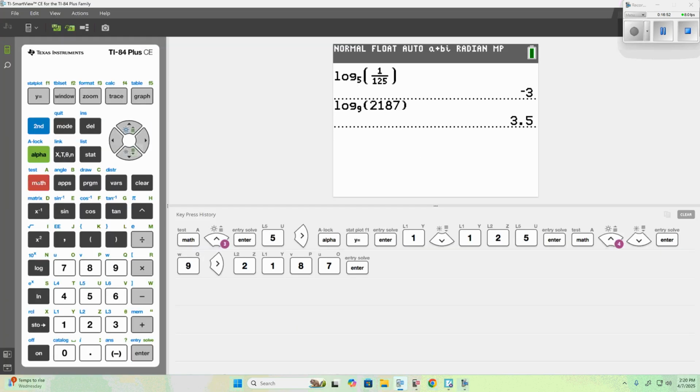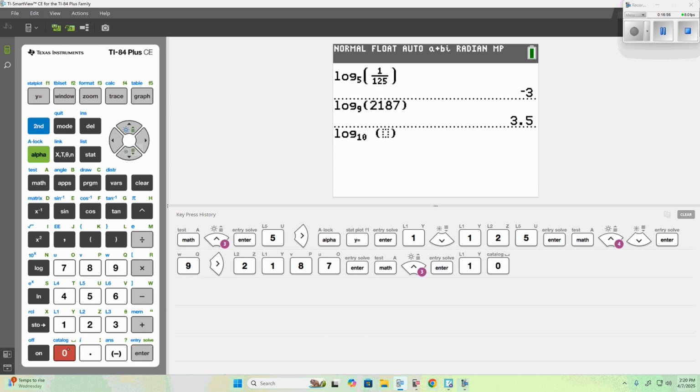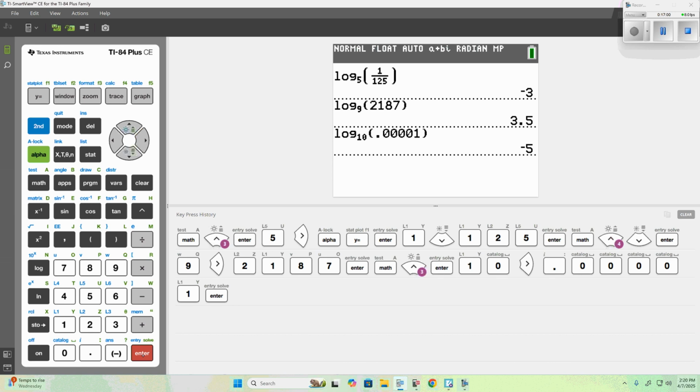Now 28, there's two ways we could type it in. One is we go log base 10 of 0.1234 and get -5. Now our common logs, if the base is not written, it's understood to be what? 10, yes? What's the base of this one here? 10.